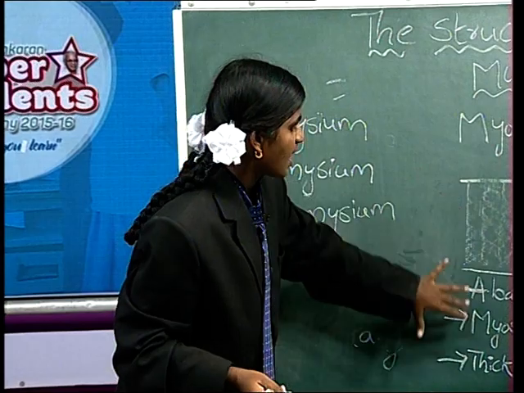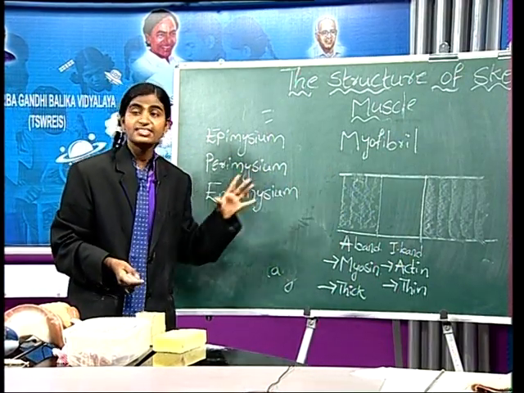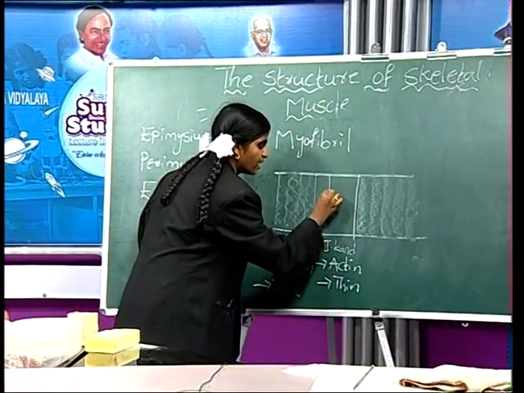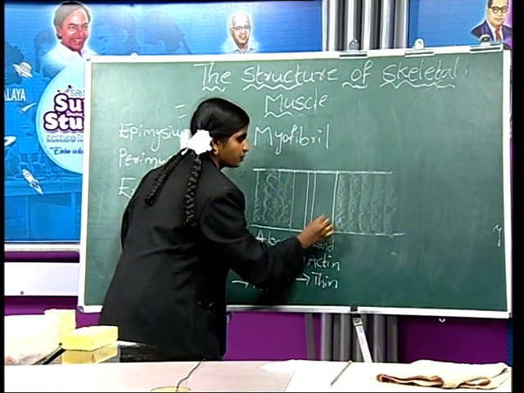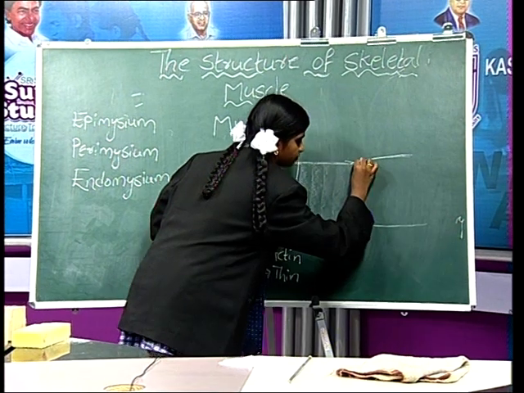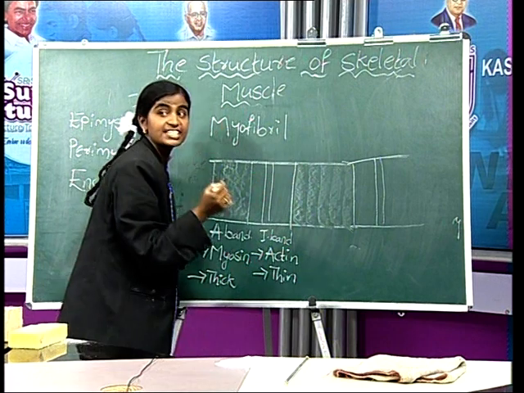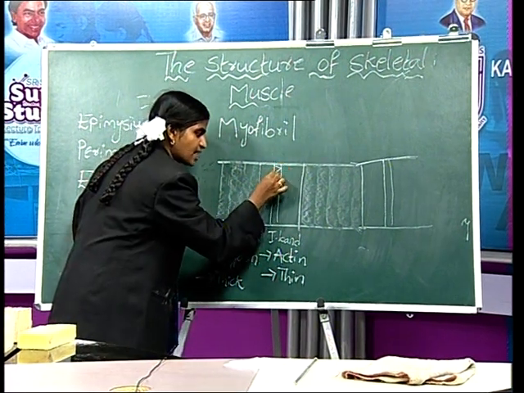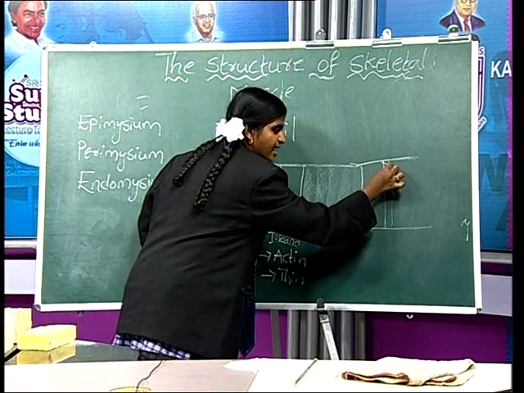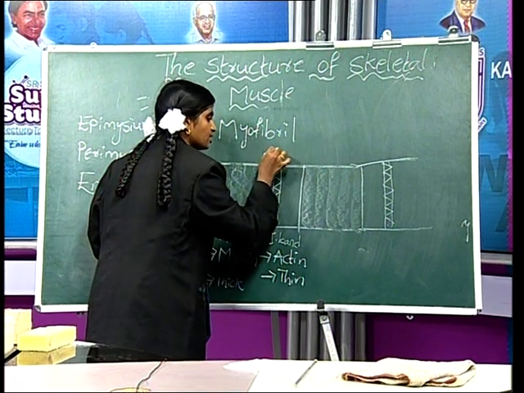Friends, these are the properties of the myofibril. In the central part of the I band you can observe an elastic fiber. Here is another I band. You can observe the central part. It is an elastic fiber that looks like a Z, so it is called the Z line.